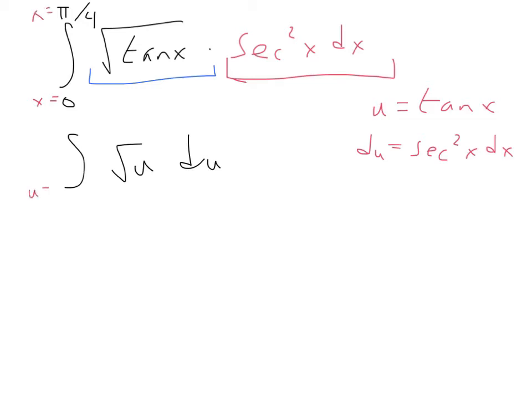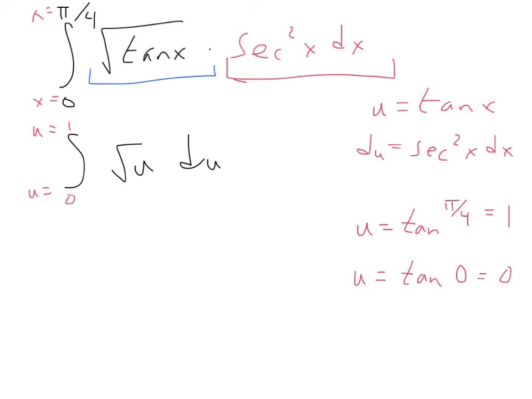Down here, we need to know what the corresponding u values are. So all you have to do is take these values that you have and plug them into your u substitution. If I do u equals the tangent of pi over 4, I'll find that that's 1. So great, my new upper bound is 1. When I do u equals the tangent of 0, which is the sine of 0 over the cosine of 0, that's 0.